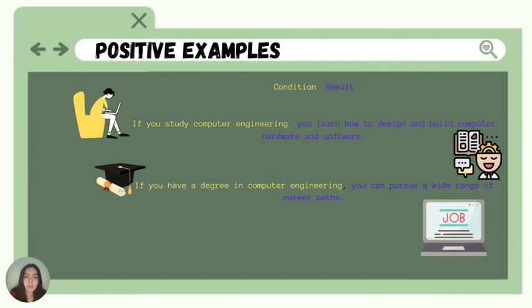Example number two is: if you have a degree in computer engineering, you can pursue a wide range of career paths. In Spanish: si tienes un título en ingeniería en computación, puedes seguir una amplia gama de carreras profesionales.